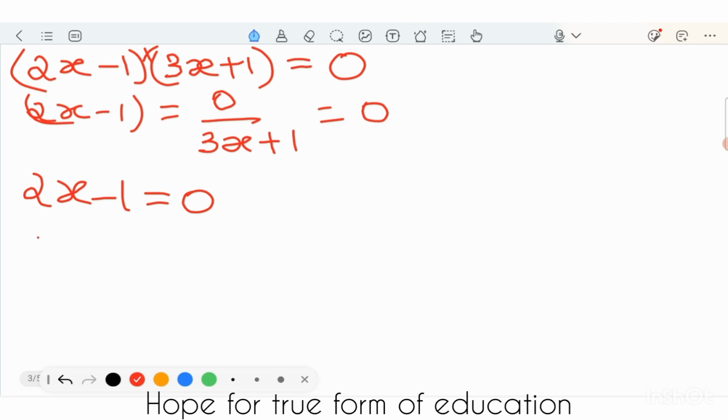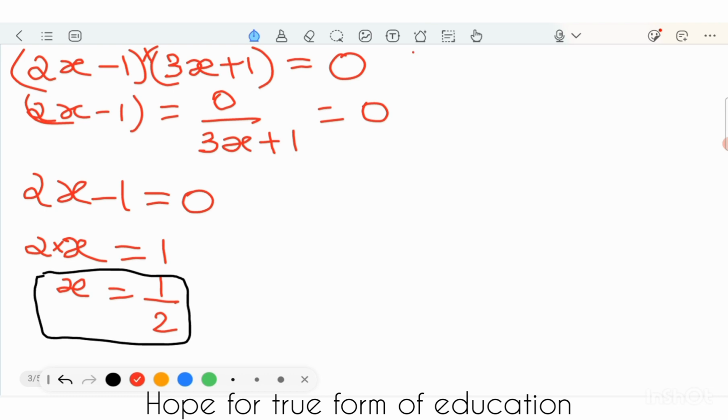That means 2x is equal to 1. I need not explain how it became 1, I guess. From your 6th or 7th class you are doing these LHS and RHS problems. Now, 2 is in the multiplication state. When it goes to the RHS, it becomes division. So x is equal to 1 by 2.